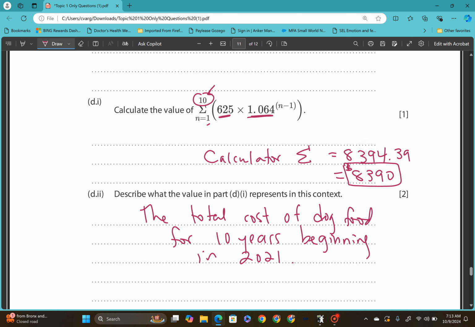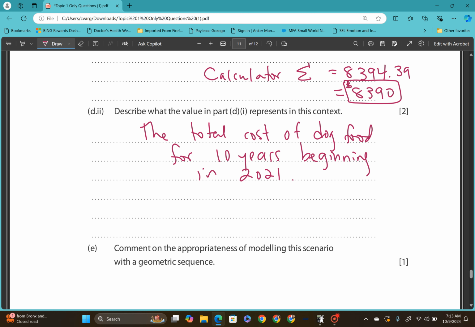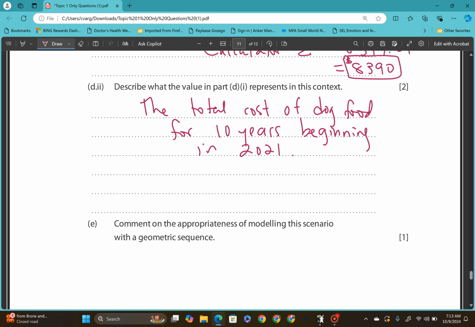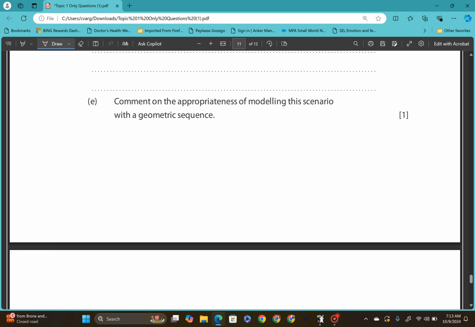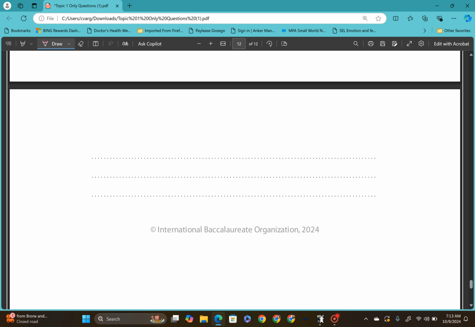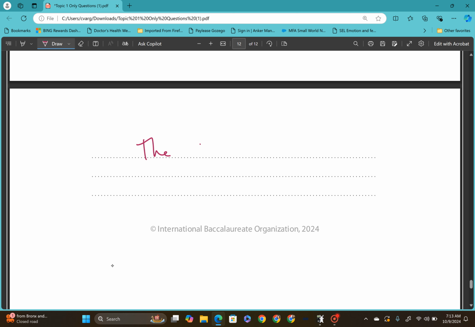Now it says last question, comment on the appropriateness of the model. So think about it, right? The cost of the dog food is eventually going to be so high to keep a dog, so it's not really appropriate. There's a lot of different answers for this.